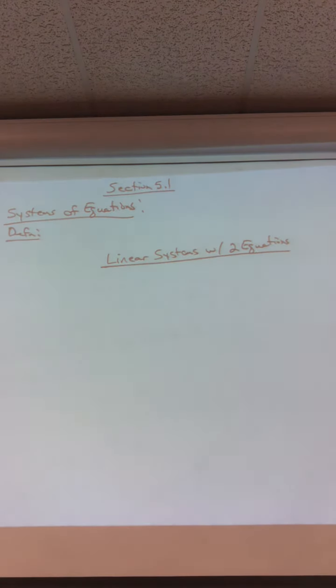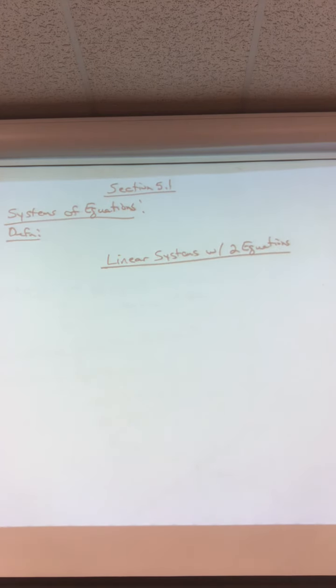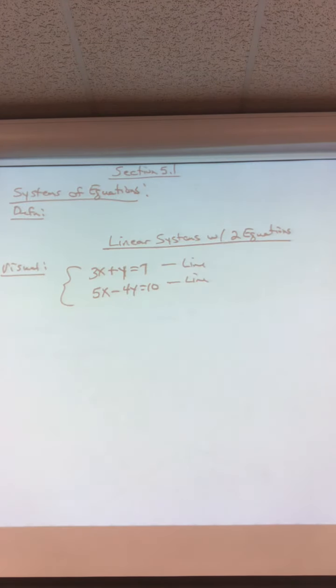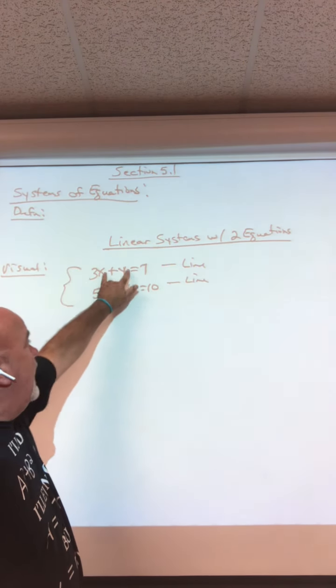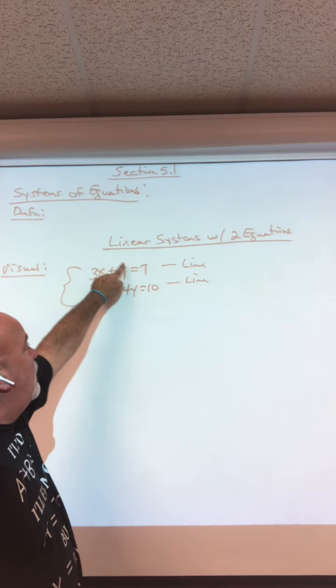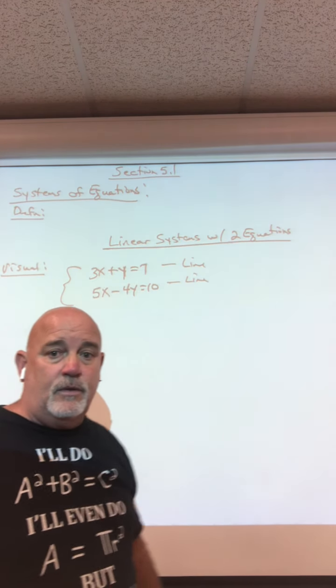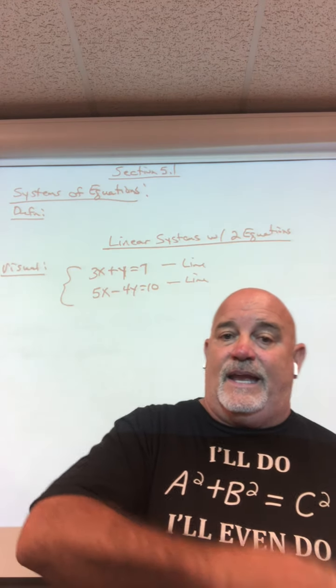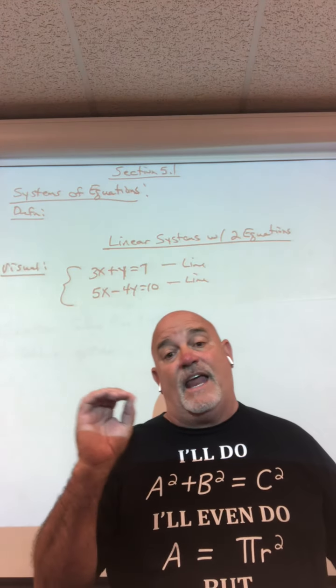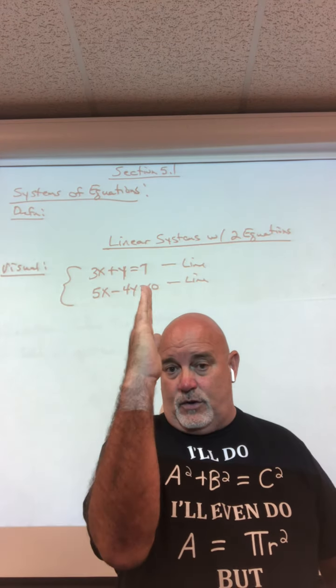So let me give you a visual of what a linear system looks like. This is what a linear system looks like. Two equations, x and y here are both to the first power. That makes it linear. And if you'll remember, if it has just an x, it's vertical.